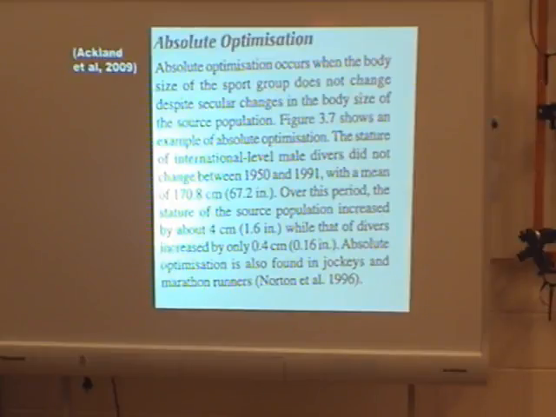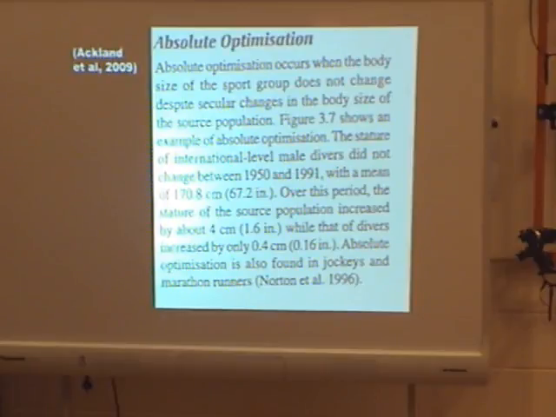Now, this is exactly what was talked about when I showed you the graph on the marathon runners, where the source population has grown in both mass and height, whereas the marathoners really stayed in the same location. And so the height and mass of marathoners stayed very close, and then the source population grew like 10, 15, 20 centimeters, and they just stayed where they were.